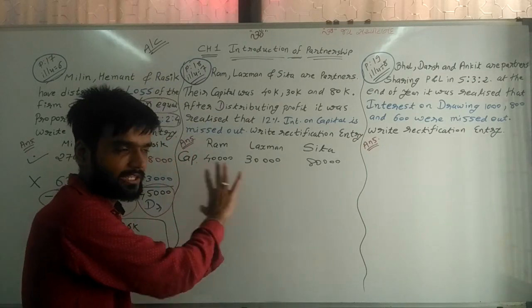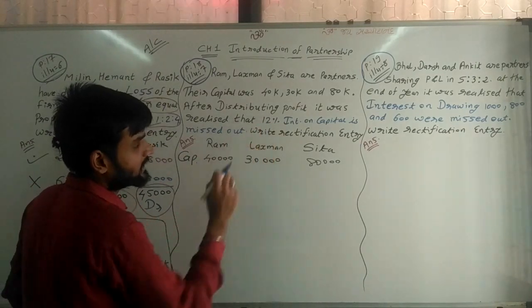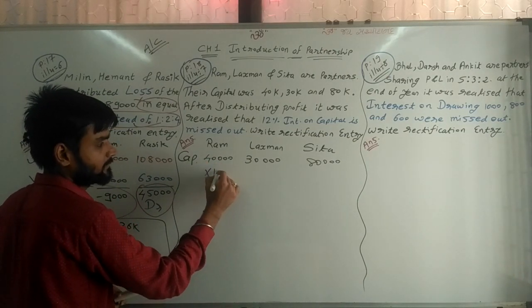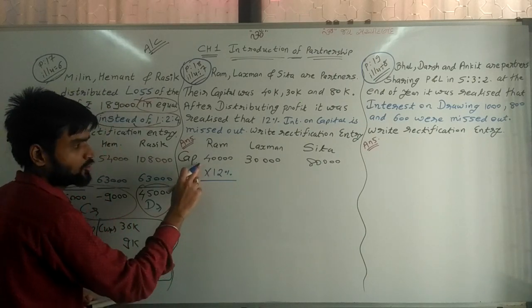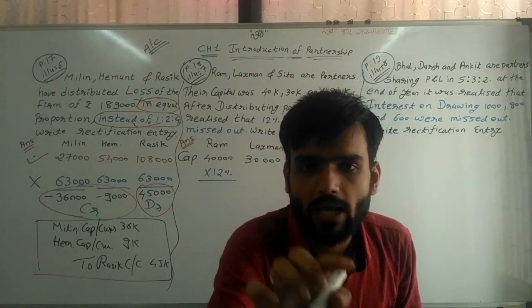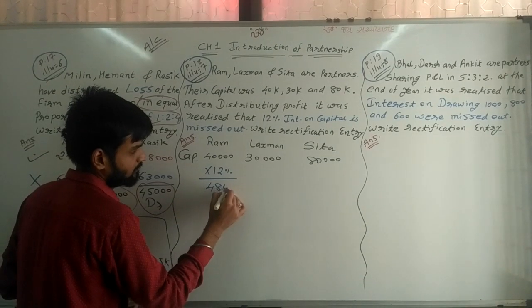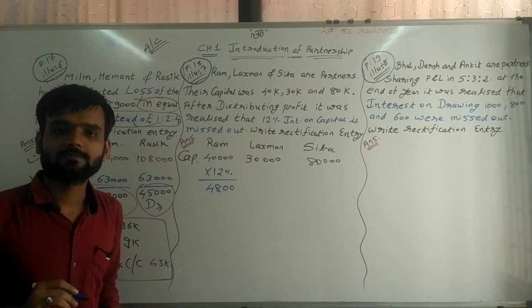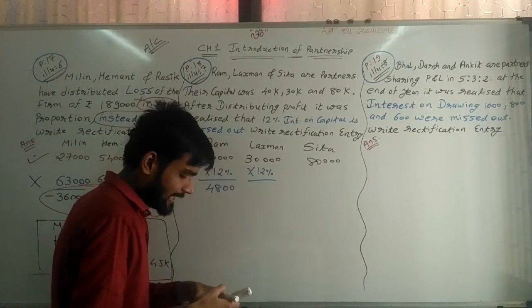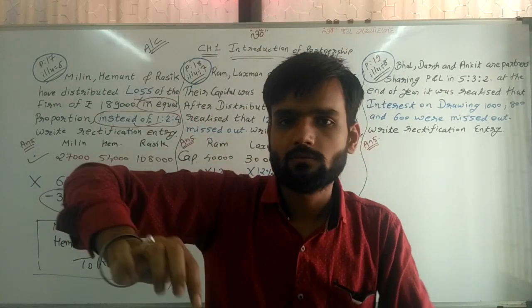So first of all, I am finding the correct interest on capital. So 12% of this. For Ram, 40,000 into 12%, you will get 4,800 rupees. Same way, on 30,000, write 30,000 into 12% in the calculator.